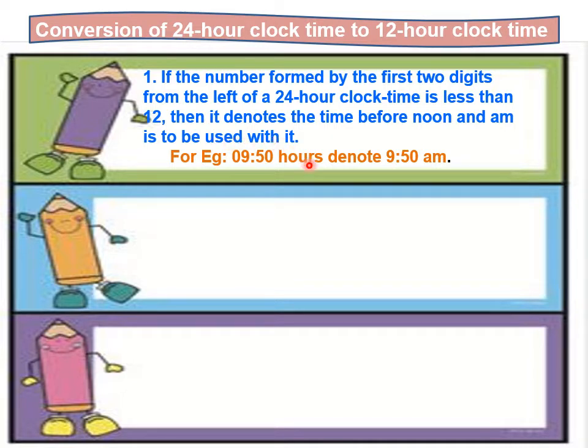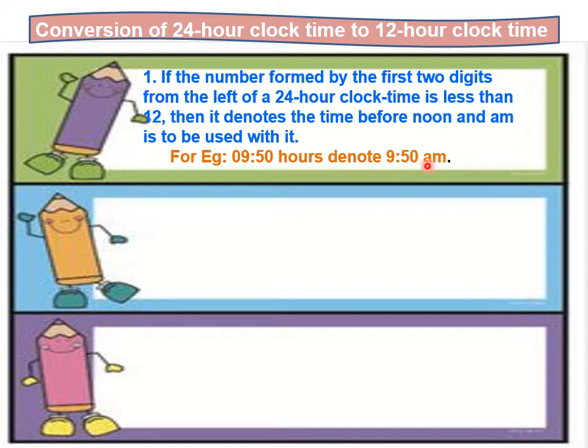So we will use am, a morning time. For example 9.50 hours: on the left-hand side 9 is there, and 9 is less than 12, so we will denote it as a morning time and use am.